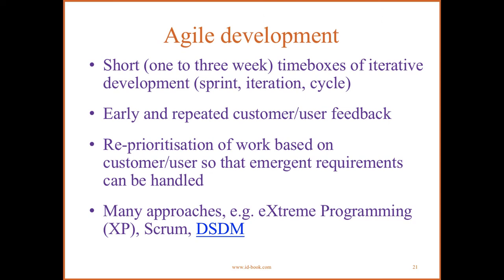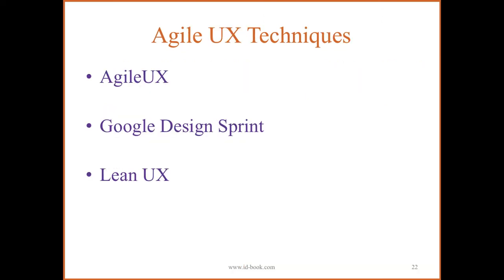When you go through agile UX techniques yourself, you can see that agile UX is a combination of agile and UX. Google Design Sprint is quite new, but I think you can skip this topic.